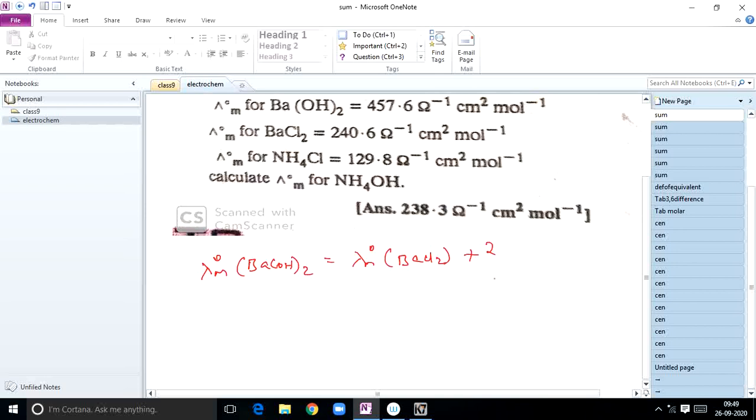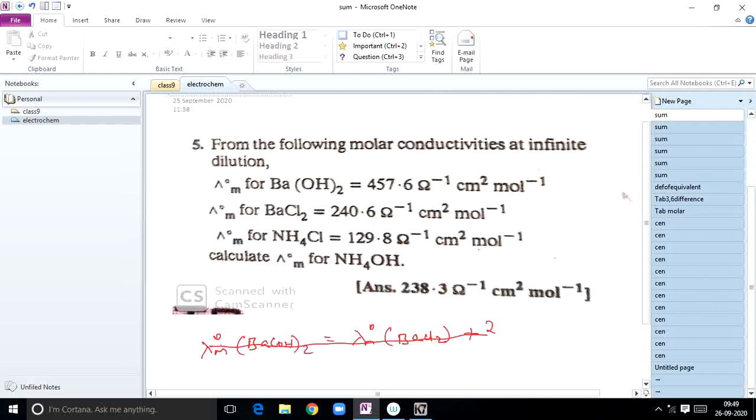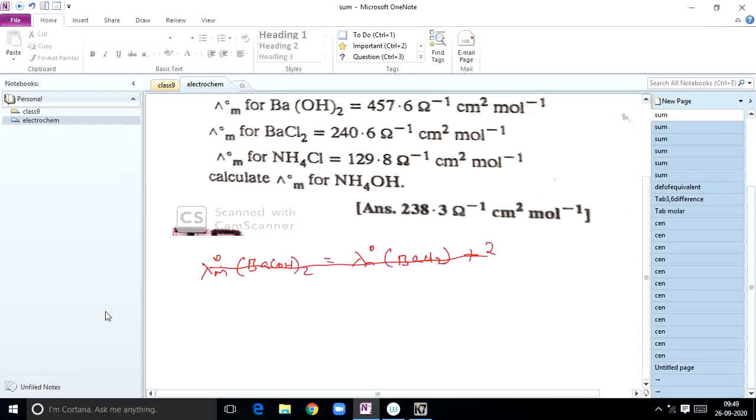So what we will do here, see, given data is, he is asking lambda m naught of ammonium hydroxide, right? So first we calculate what he is asking. First of all you should write this equation, lambda m naught of ammonium hydroxide is equal to lambda m naught of ammonium ion plus lambda m naught of OH minus ion.